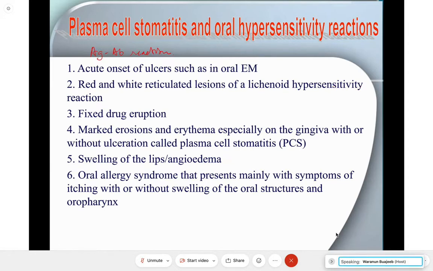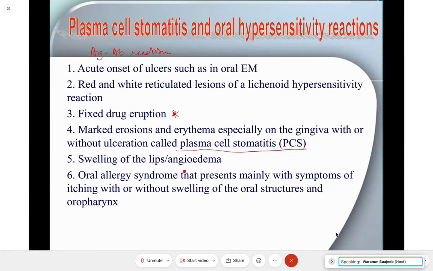Fixed drug eruption means that with a systemic medication, the oral lesion can occur at the same location every time. And sometimes it can cause plasma cell stomatitis. We will talk about that in detail later on.